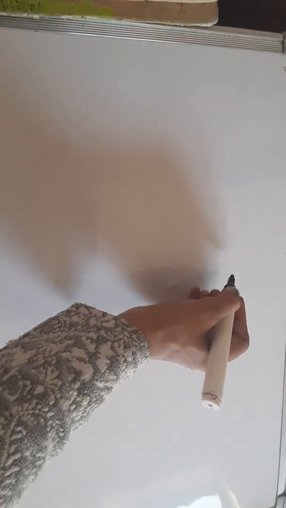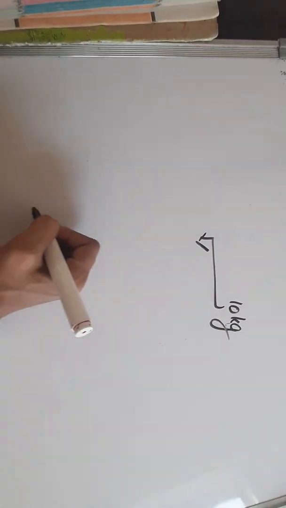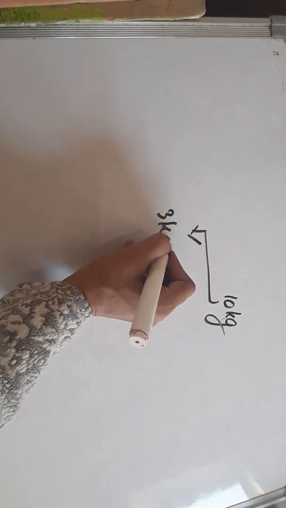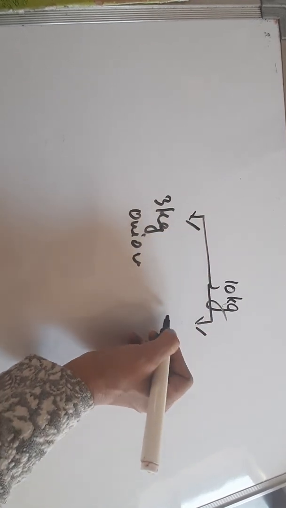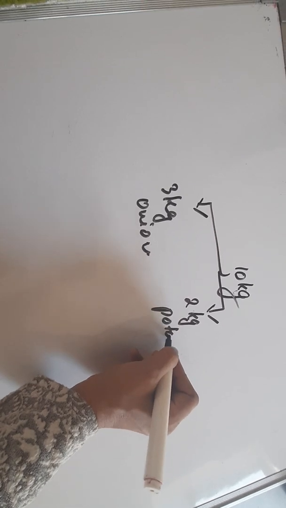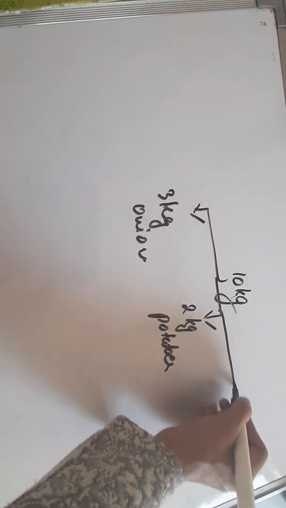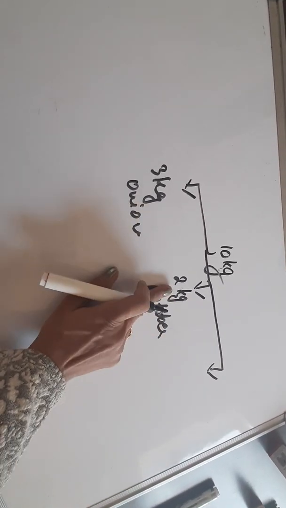So let us discuss the question in an easy way first, then we'll solve this. For example, dear students, let us assume that total vegetables bought by you will be 10 kilograms. Out of these 10 kilograms, you bought 3 kg of onions, and for example, you bought 2 kg of tomatoes.